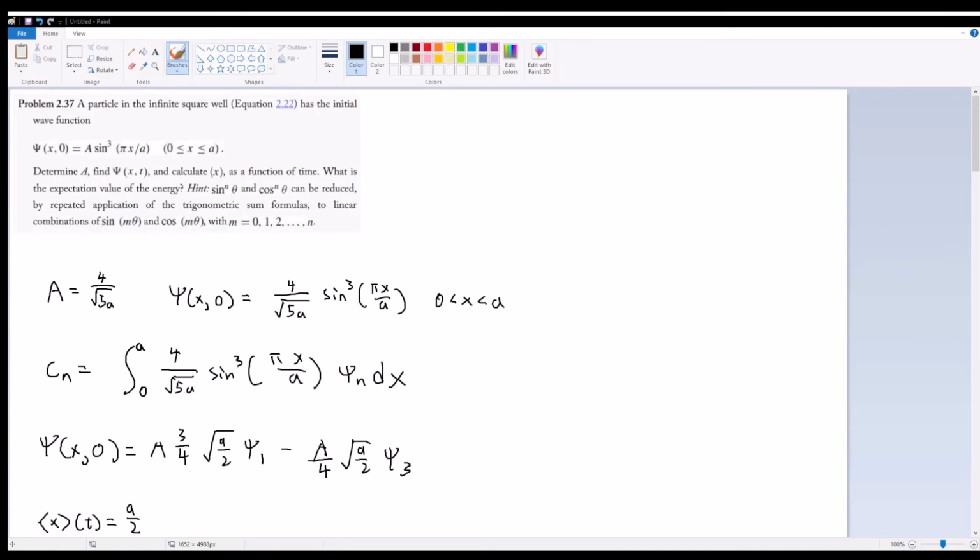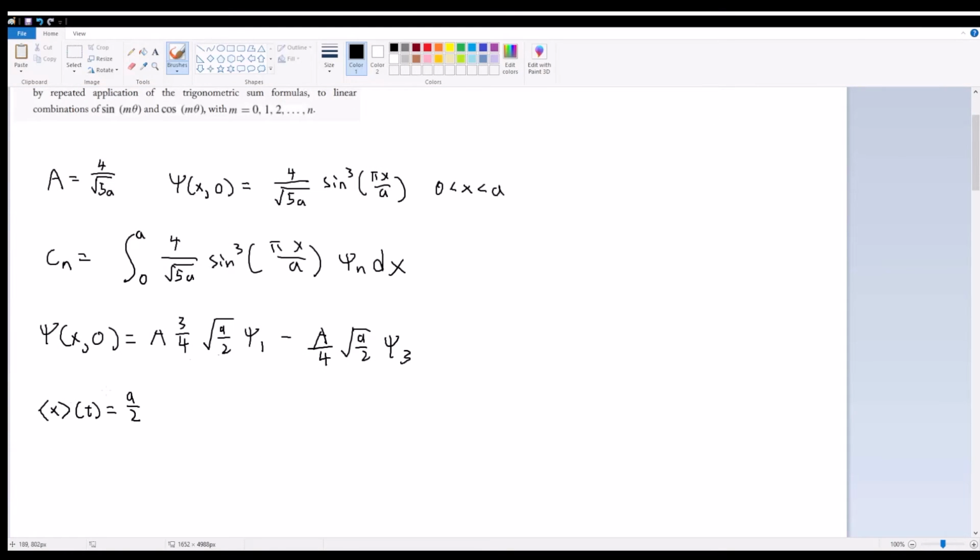Okay, finally, we want the expectation value of the energy, and this is so easy it might as well be trivial. We could recognize that this is C1, this is C3, and we also know that the energy values for the infinite square well are equal to n squared pi squared h bar squared over 2m a squared.